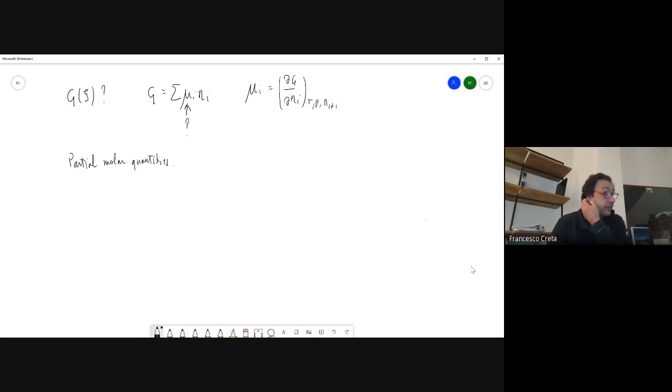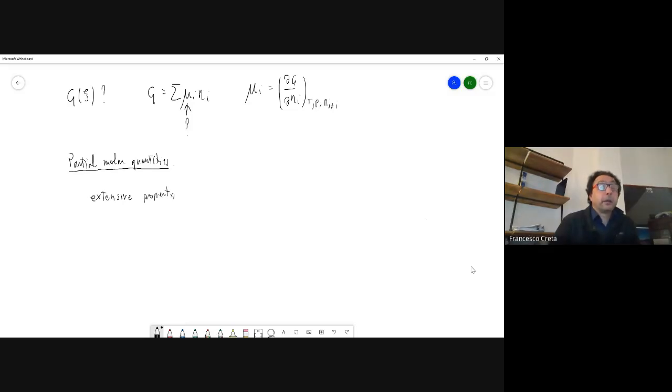And what they mean. So let's generalize the discussion. Suppose we have an extensive property of some kind. I call it property.